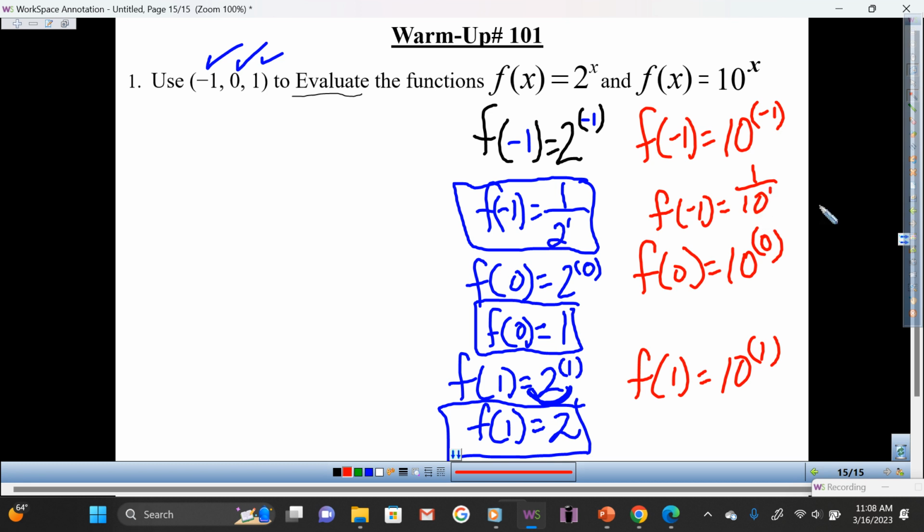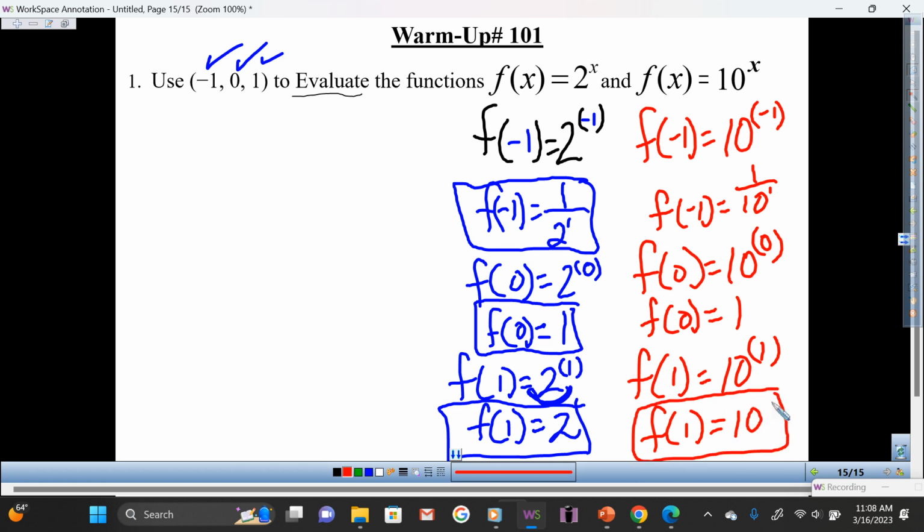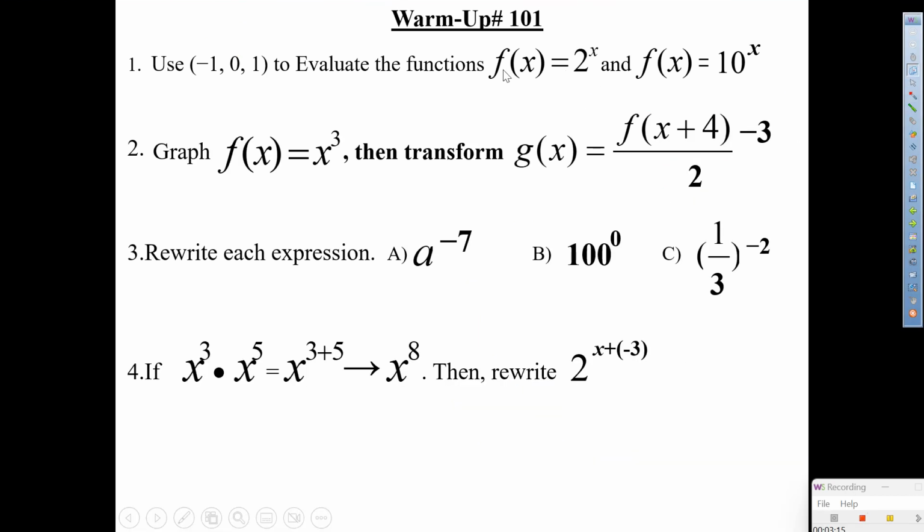That is correct, 1 over 10 to the first power. Everyone, f of 0 and f of 1, 10. It's the base itself. All right, I'm going to stop right there. Once again, students, this is a new function. We're going to get there pretty soon. Numbers 2, 3, and 4 you should be able to do by yourself, but like I said, this is just extra practice to what's coming up.